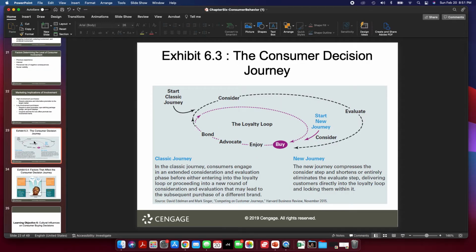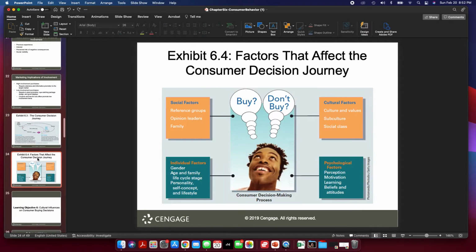If we think about it, it usually begins with loyalty, right? What people are saying about the products, what our experiences are, what our friends' experiences with it are. There's a lot of factors that affect that. Social factors, right? Reference groups, opinion leaders, family.